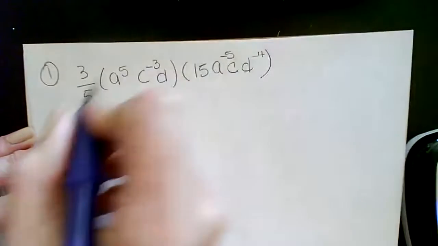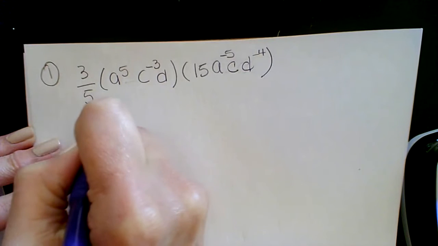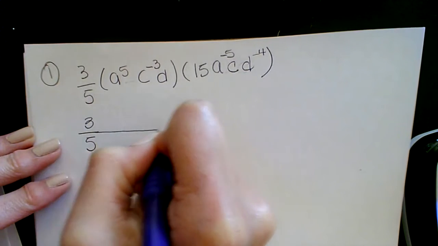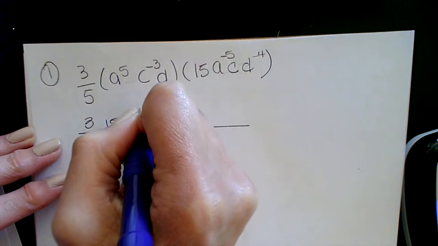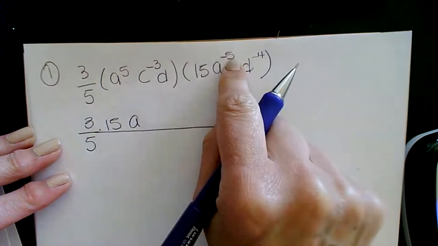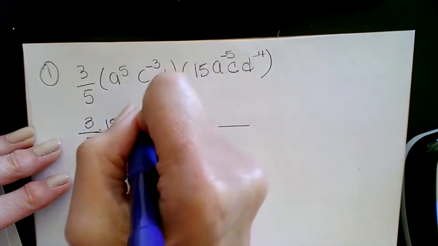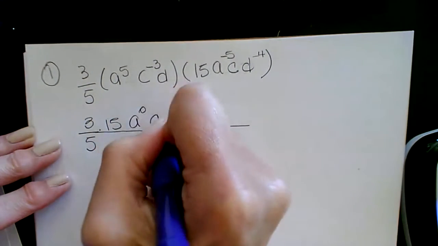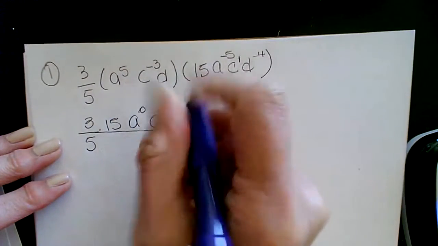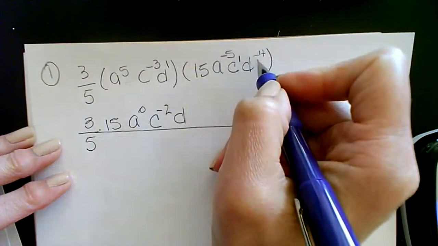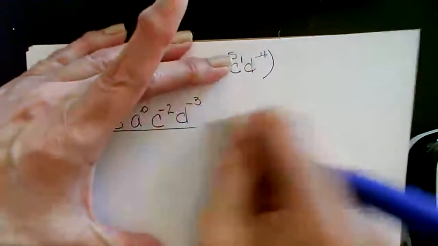Okay, so all of this is multiplication. So we have 3. We could do the 15 here. 8⁵. What do we get? 5 plus negative 5, 8 to the 0 power, right? This is negative 3 plus 1, negative 2. 1 plus 4, negative 3. So then what is going to happen?